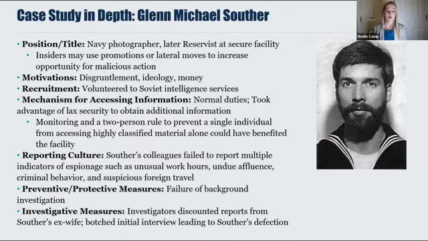Investigators also discounted reports from Sutherland's ex-wife, who came forward to state that she was suspicious of some of her ex-husband's behaviors. And they botched the initial interview when they finally caught on to the fact that something wasn't right, allowing Sutherland to successfully defect to the Soviet Union, where he lived for several years and eventually committed suicide.